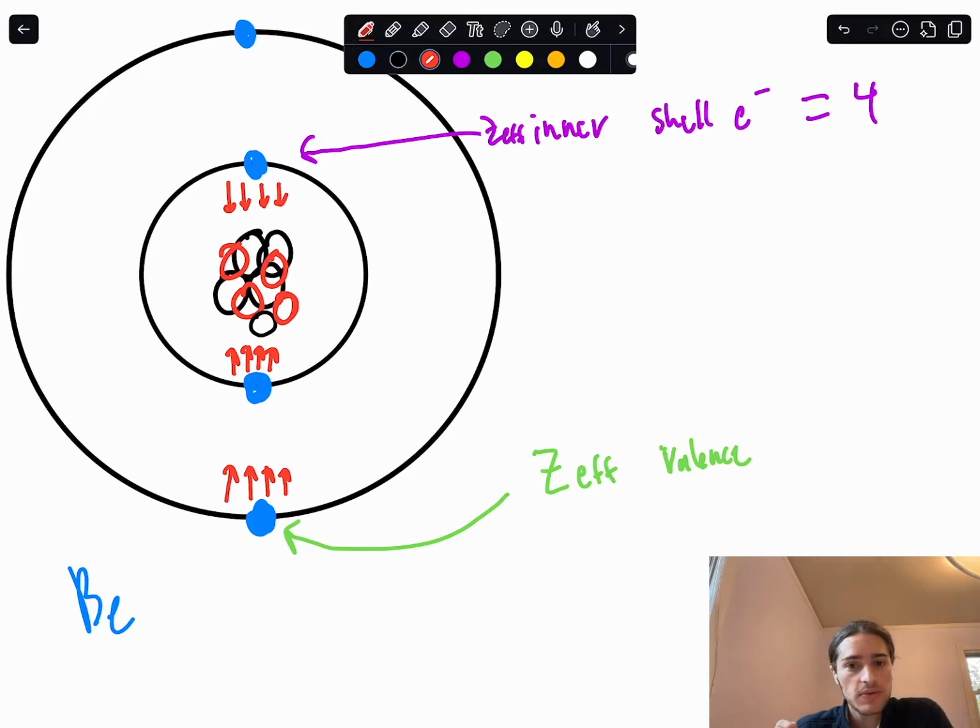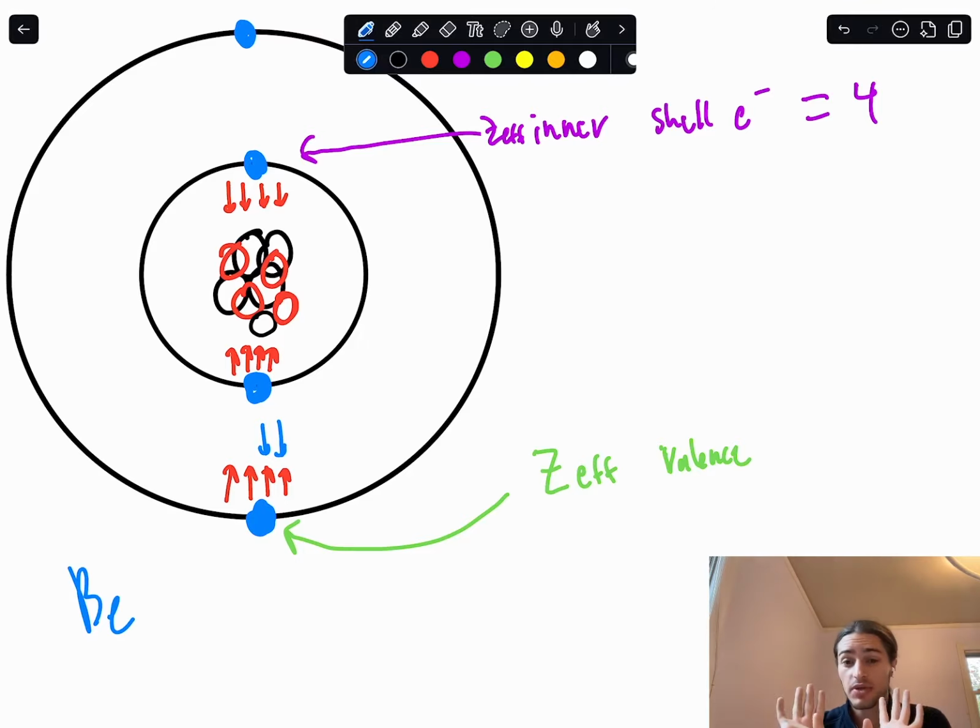But there's another thing we need to consider here, and that is the fact that the electrons themselves are charged. If we consider what's happening between the inner shell electrons and the outer shell, those inner shell electrons are going to repel the outer shell electrons.